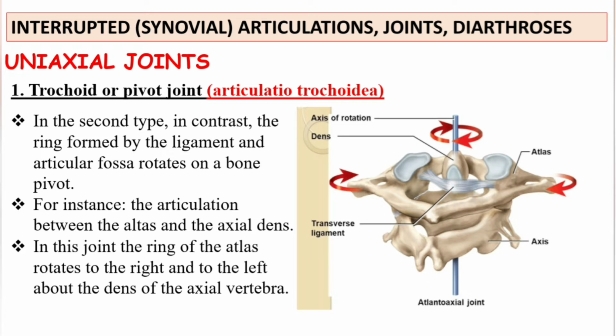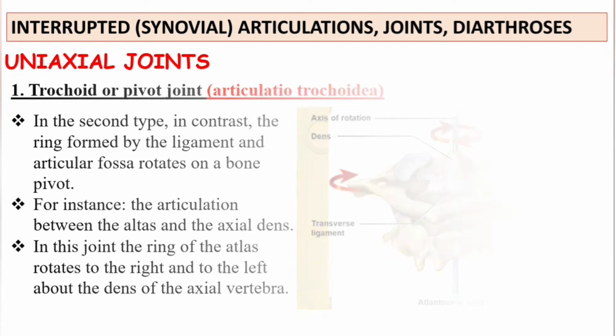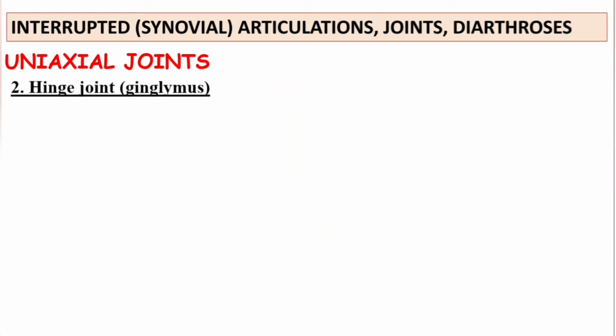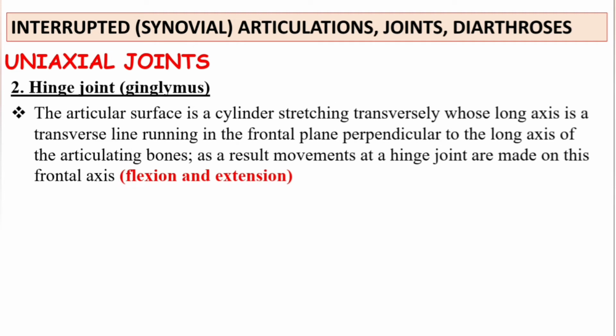The next joint is the hinge joint, or ginglymus. In this case, the articular surface is a cylinder stretching transversely, while the long axis is a transverse line running in the frontal plane, perpendicular to the long axis of the articulating bones. As a result, the movements at the hinge joint are made on this frontal axis, thus flexion and extension.